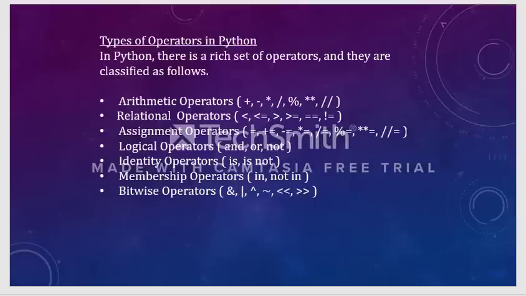Those are arithmetic operators, relational operators, assignment operators, logical, identity, membership operators, and bitwise operators. These kinds of operations are very similar in other programming languages also, like C, C++ or Java, where we have all these operators.